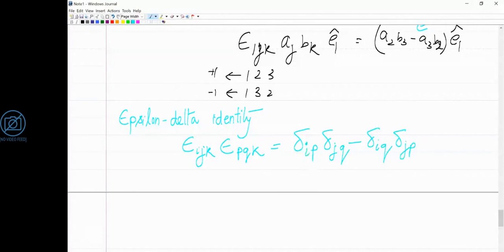Okay, so the first one is I here. So this is an identity which can be proved.